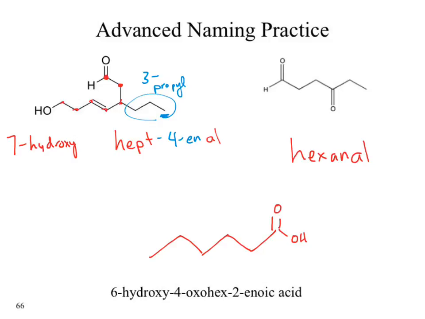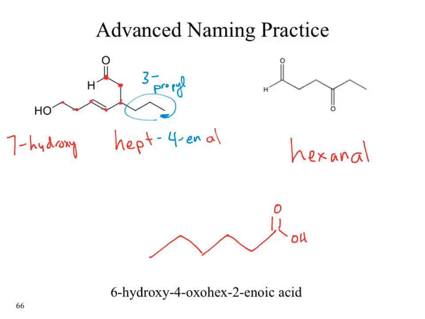Why did I not specify the location of the aldehyde? By definition, your aldehyde will always be at the beginning or end of the chain. If it was a dial, then I might specify where they're located. But since there's only one, it has to be at the beginning of the chain. But remember the hybridization classification?